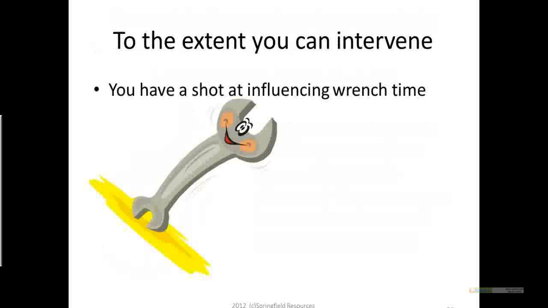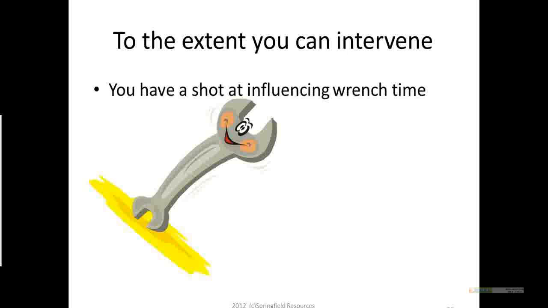And to the extent you can intervene, you have a shot at influencing wrench time. The way we influence wrench time is we remove the barriers from wrench time. You could use Michelangelo's example. He didn't sculpt the sculpture David or the Pietà.